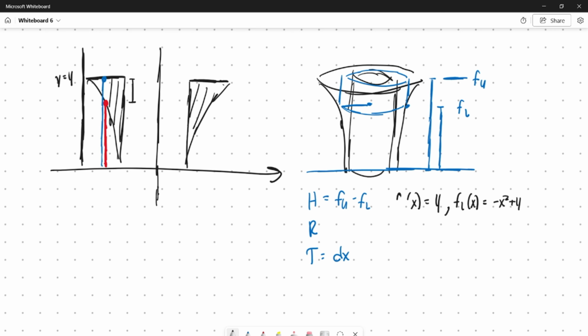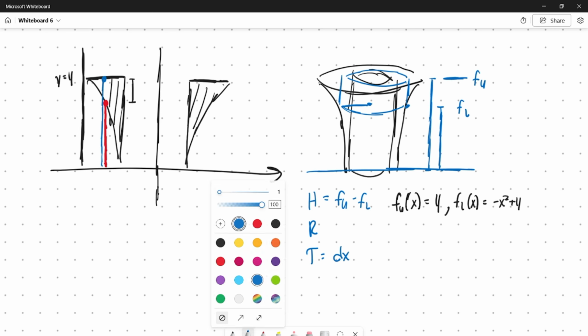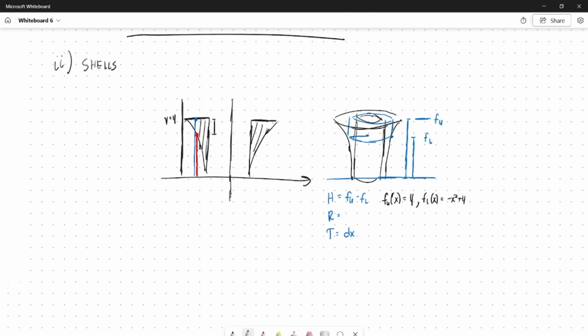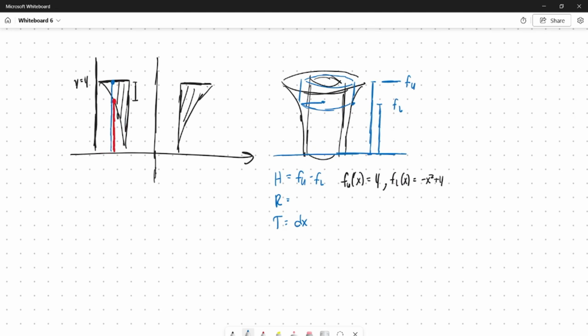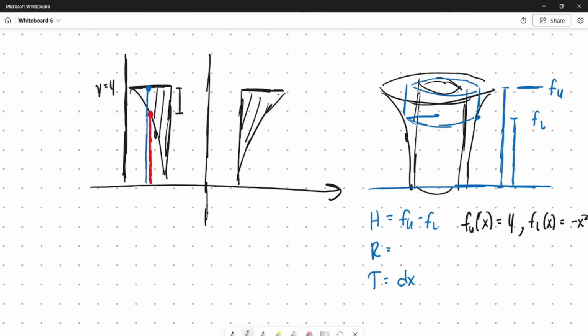All right, now let's try to evaluate the function of radius here. And we use the same principle as we did when evaluating something back there. I'll just show you here. Our radius extends from the axis of rotation outwards to a point x here.